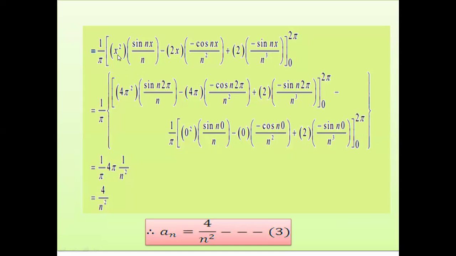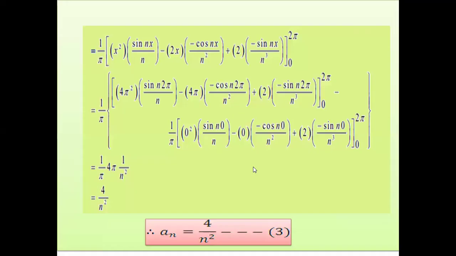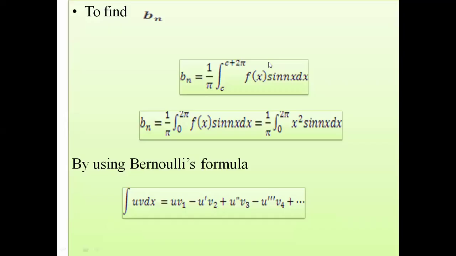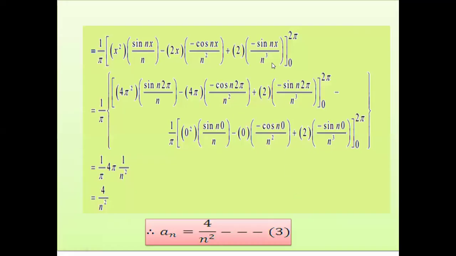Then what you get: u is x square and v1 is sin nx by n, then 2x into minus cos nx by n square, plus 2 into v3, which is minus sin nx by n cube. So you apply it over there.